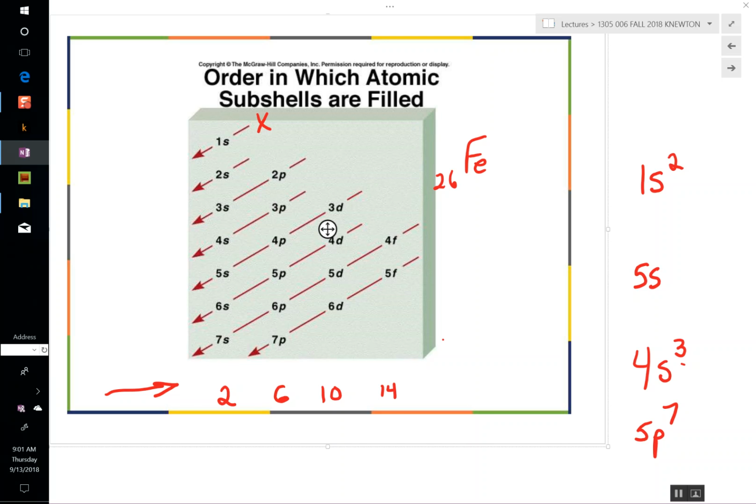Okay, now here is neon. Here is the fluoride ion. Here is the oxide ion. This was the oxygen atom. It is now going to be called the oxide ion. Here's the magnesium ion. Here's the sodium ion.